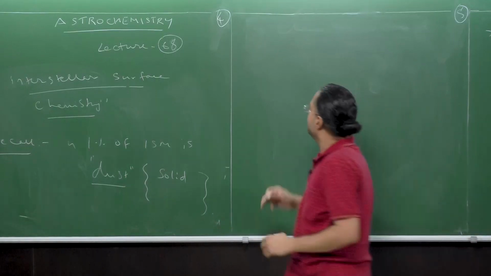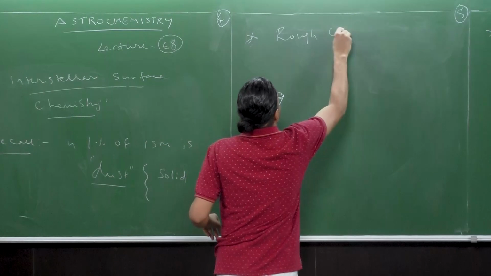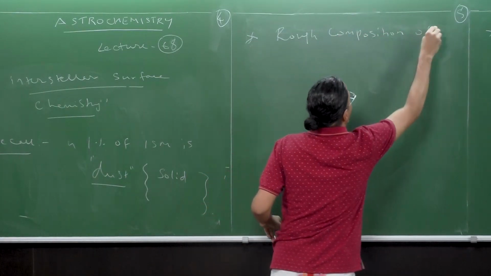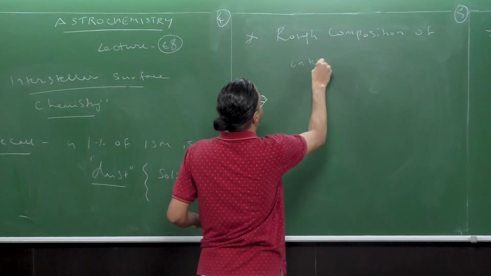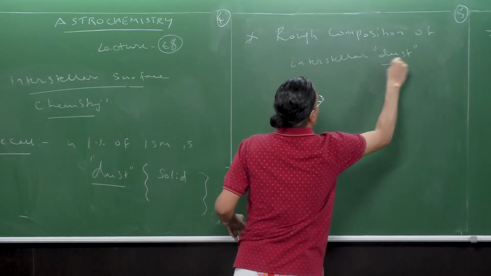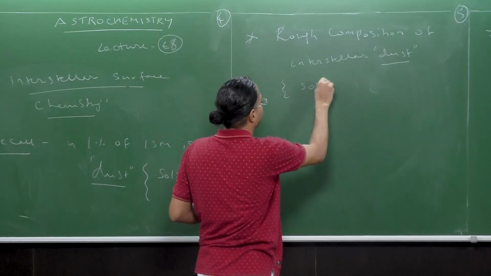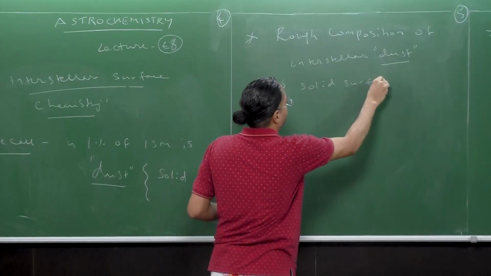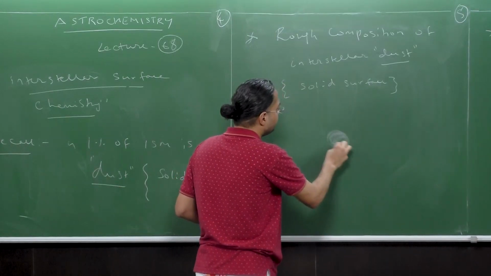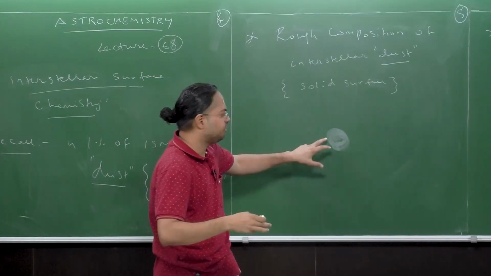So broadly speaking, here is a rough composition of interstellar dust. We're talking about some kind of solid surface. Let's say this is some core; this is just a pictorial depiction.